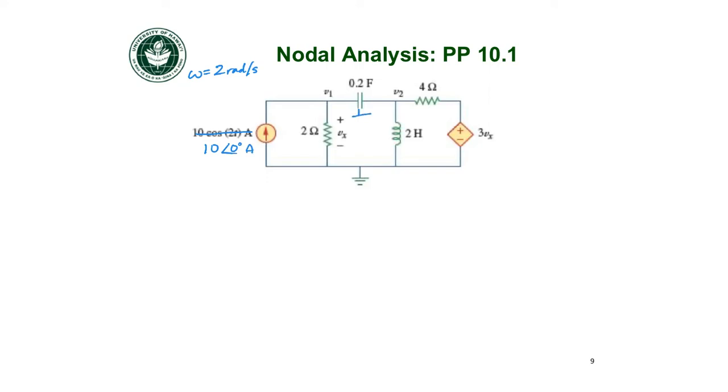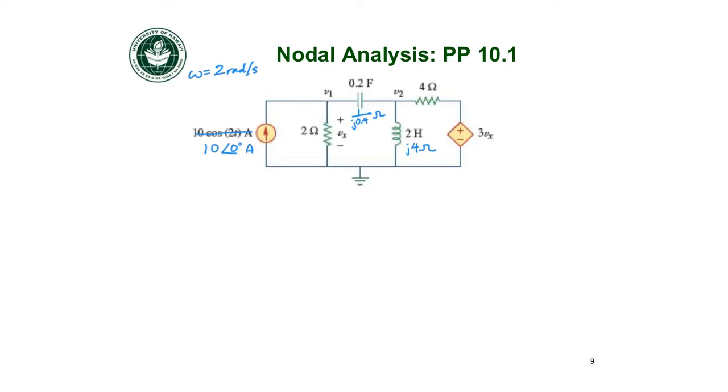We are putting in the impedance of the capacitor and the impedance of the inductor. And now once we're at this point, we can solve this circuit with our same procedures as for DC circuit analysis.